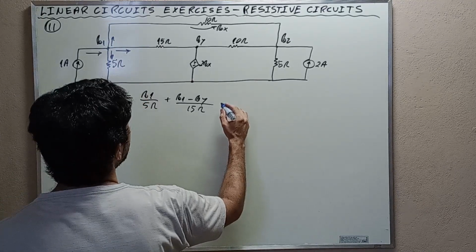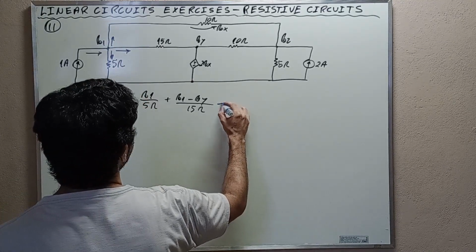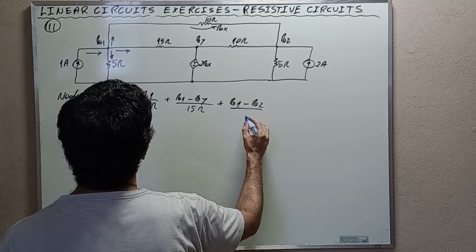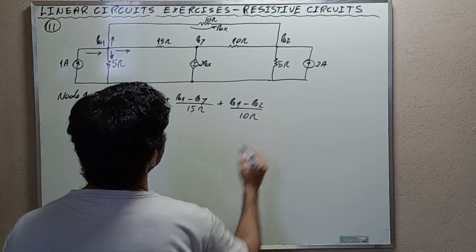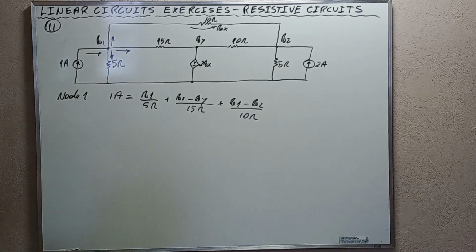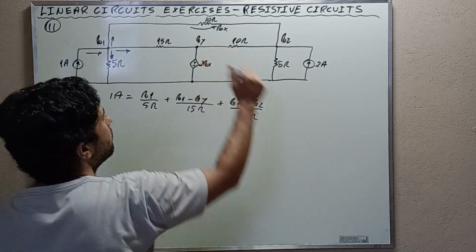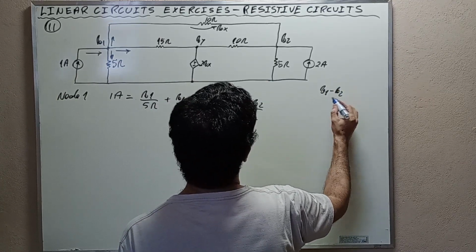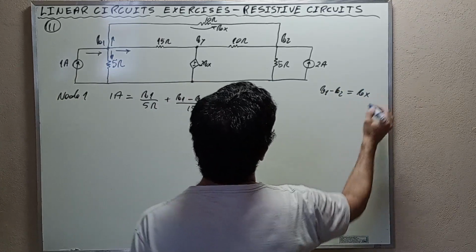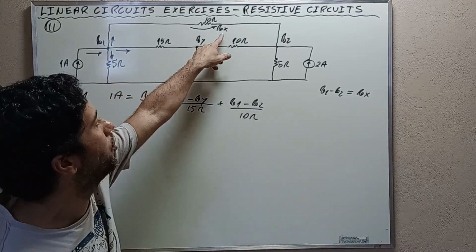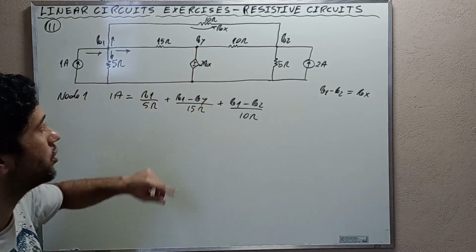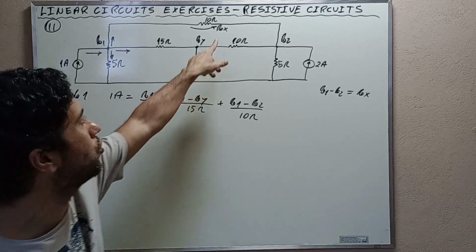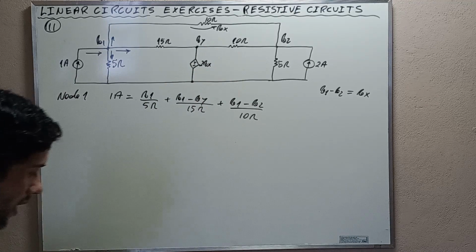It is going to be V1 minus V2 divided by 10 ohms. And observe that V1 minus V2 is equal to Vx. That is this voltage here, Vx, that we are going to need to use because we have a controlled source here that is controlled by this voltage.